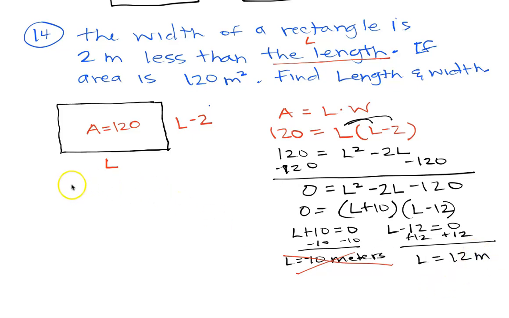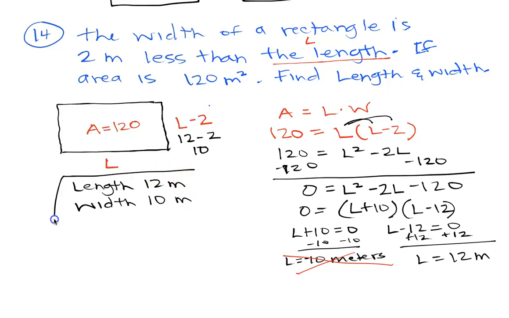So that's telling me my length is 12 meters, and then my width is going to be 12 minus 2, so that's 10 meters. The width is 10 meters, and those would be my answers.